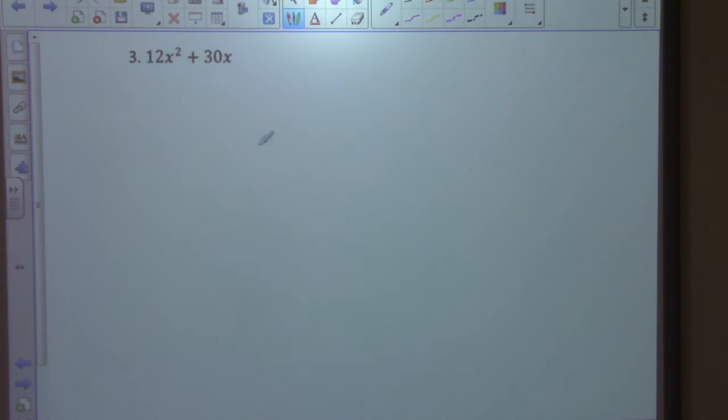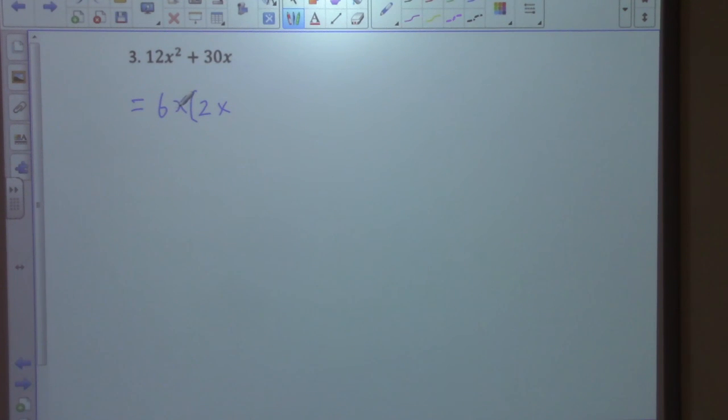And then this one here, I think this is just the greatest common factor one. So what's your greatest common factor here? 6. So 6, what else? Any other thing? X. And what times 6x equals 12x squared? 2x.